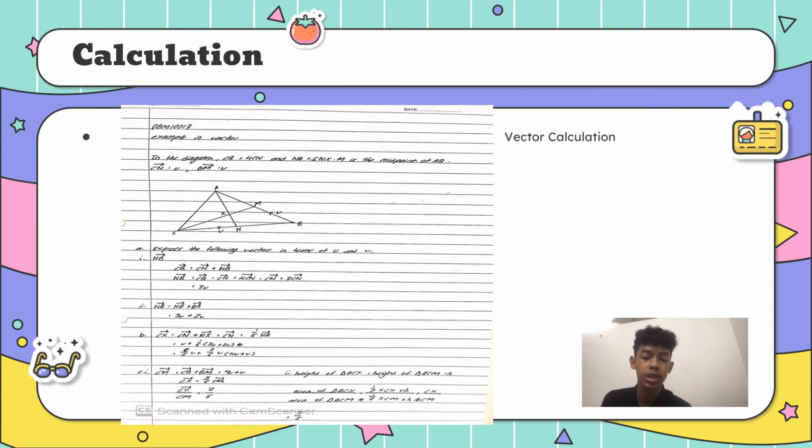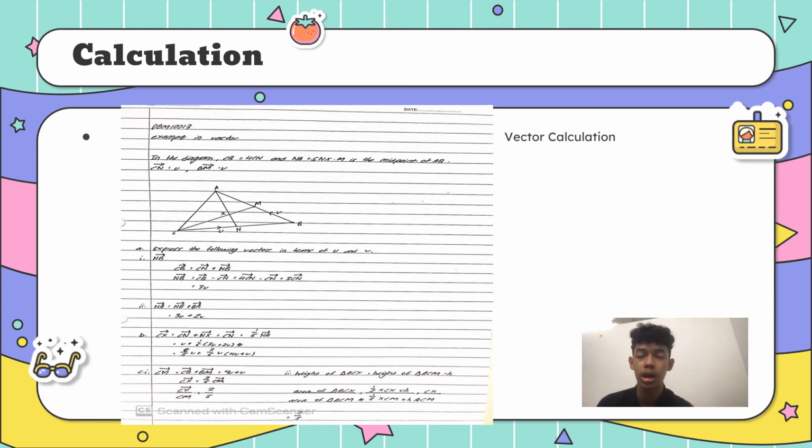So the last question is C2. The question asks to search for the height of triangle ACX and the height of ACM, h.